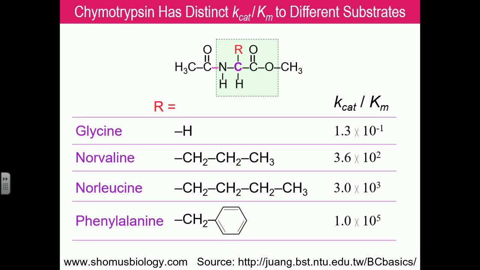The larger the group is in this case, the better the catalytic activity according to this picture. Enzymes will have different performance on different substrates, but chymotrypsin prefers larger amino acid groups, preferably aromatic groups.